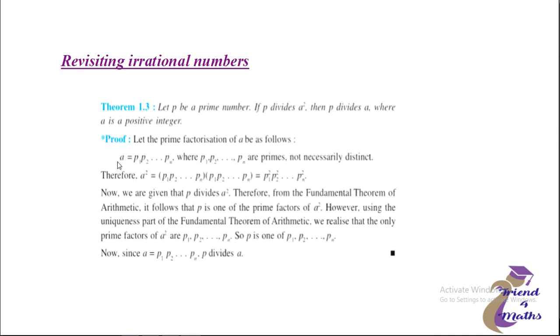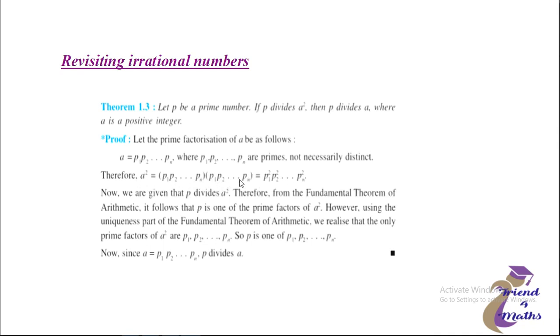So here a will be equal to the product of its prime factors p1, p2, etc. up to pn, where these are the prime factors of a. Squaring this a, we get a square equal to p1, p2, etc. up to pn into p1, p2, etc. up to pn, the same thing.